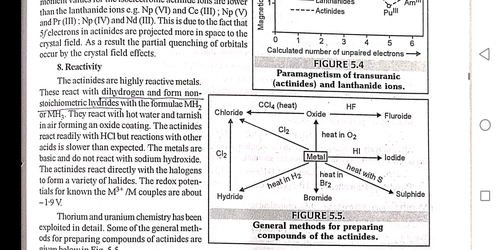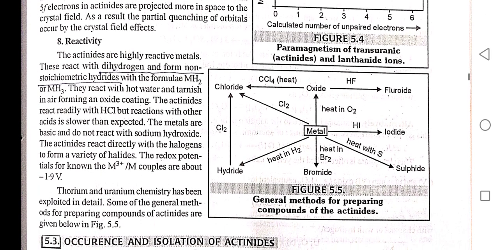8. Properties. Reactivity. The actinides are highly reactive metals. They react with dihydrogen and form non-stoichiometric hydrides with the formula MH2 or MH3.